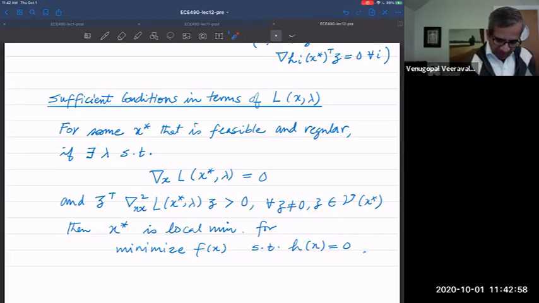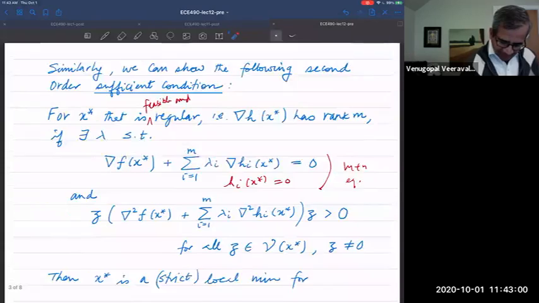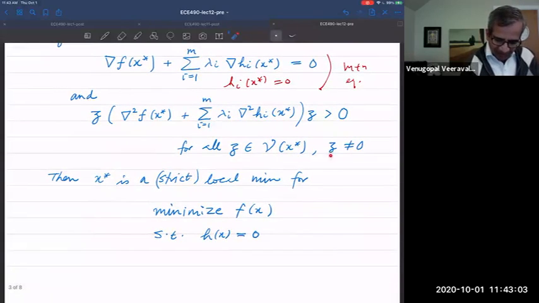Did I mention z not equal to 0? Yeah, that's right, for all z not equal to 0.